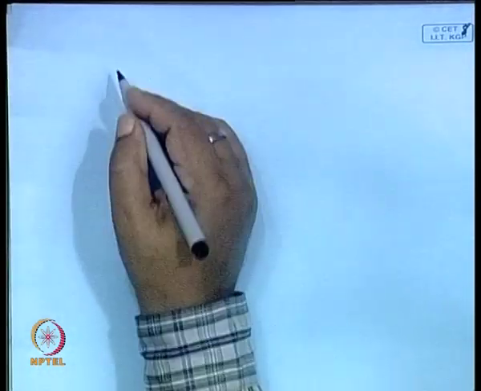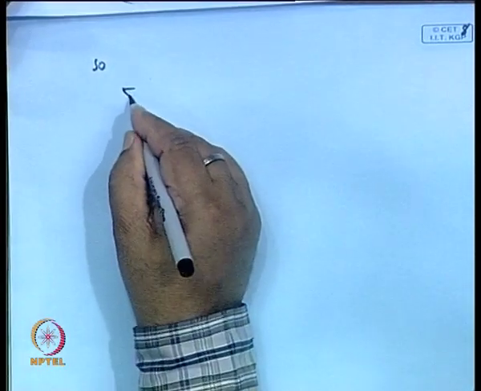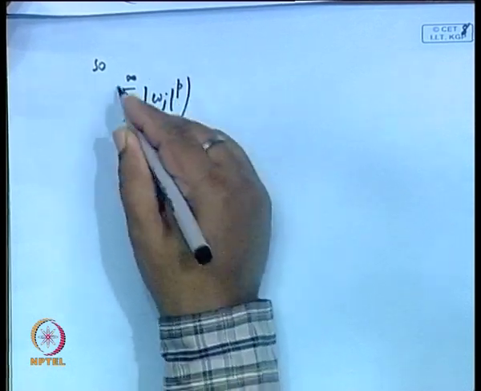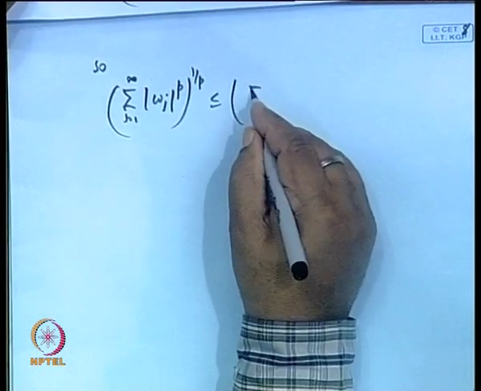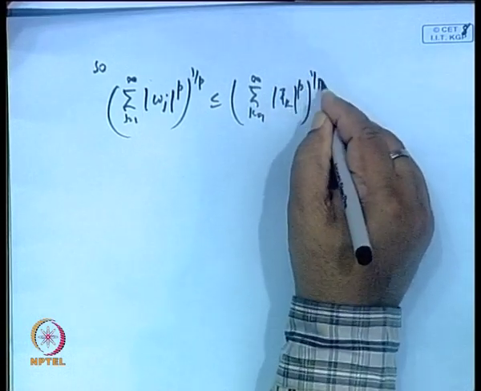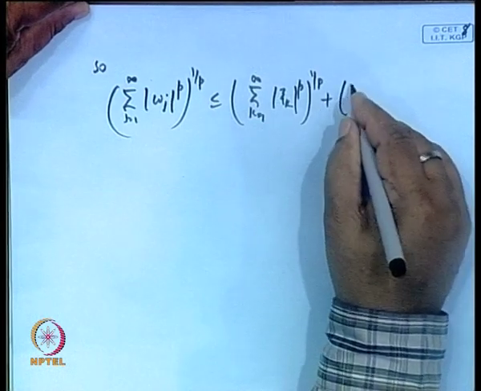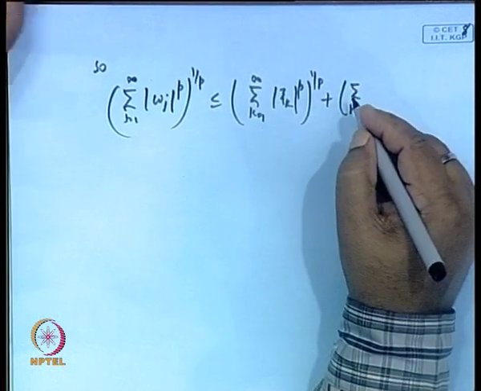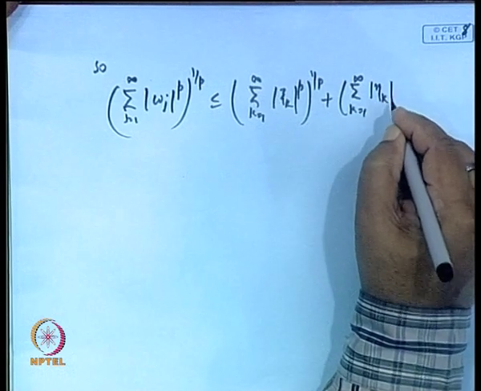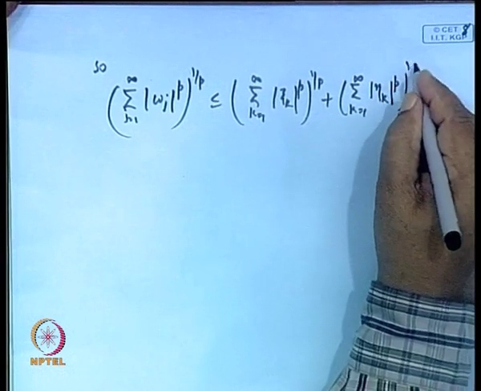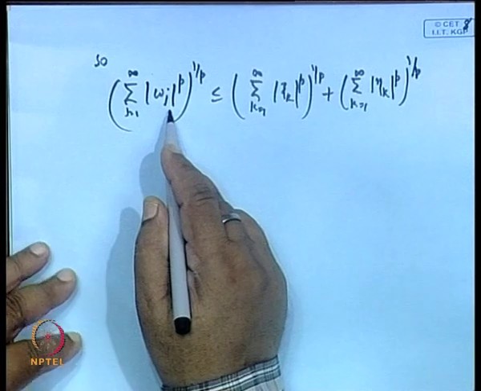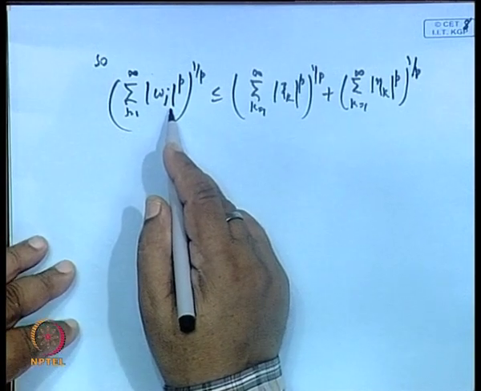So, we get the sum over j is 1 to infinity of mod w_j power p power 1 by p is less than or equal to the sum of mod xi_k power p power 1 by p plus the sum of mod eta_k power p power 1 by p, and this is nothing but w_j, xi_j plus eta_j.